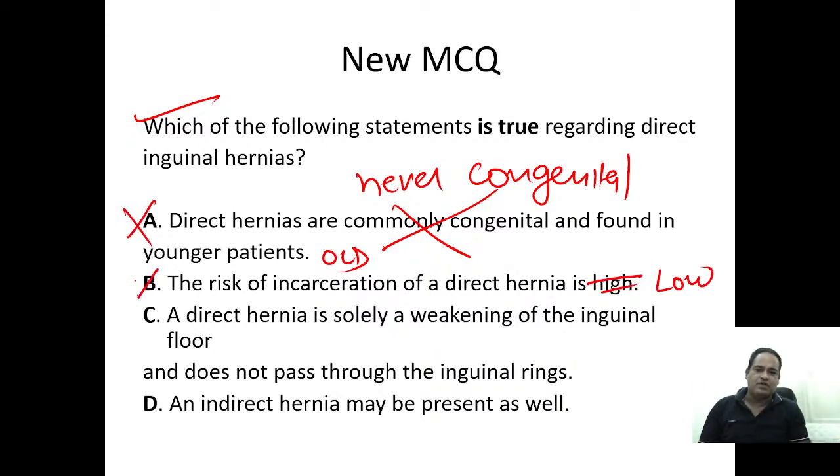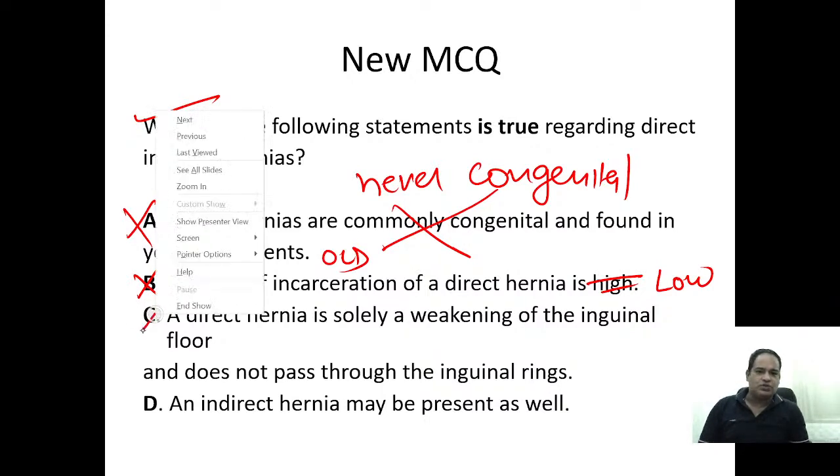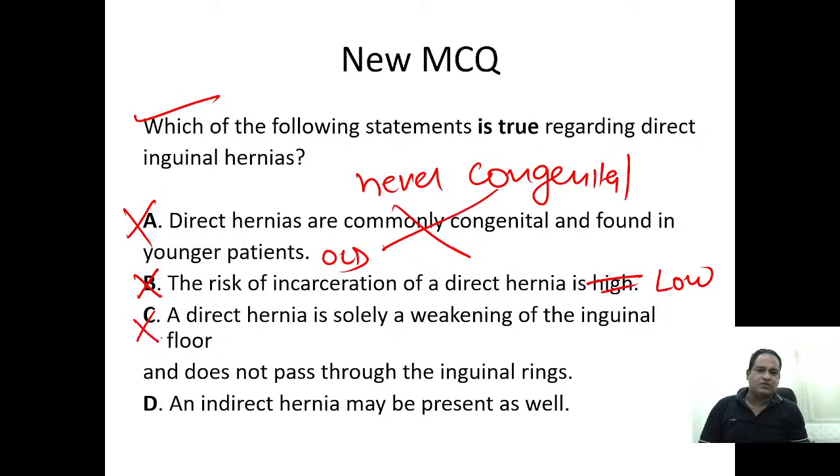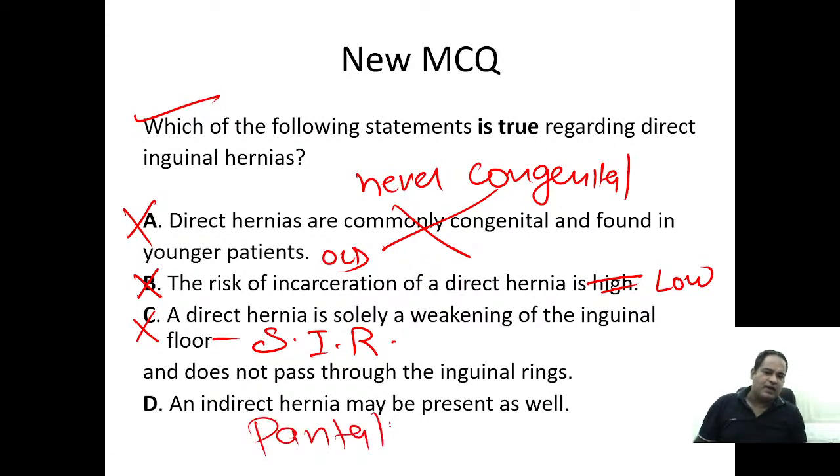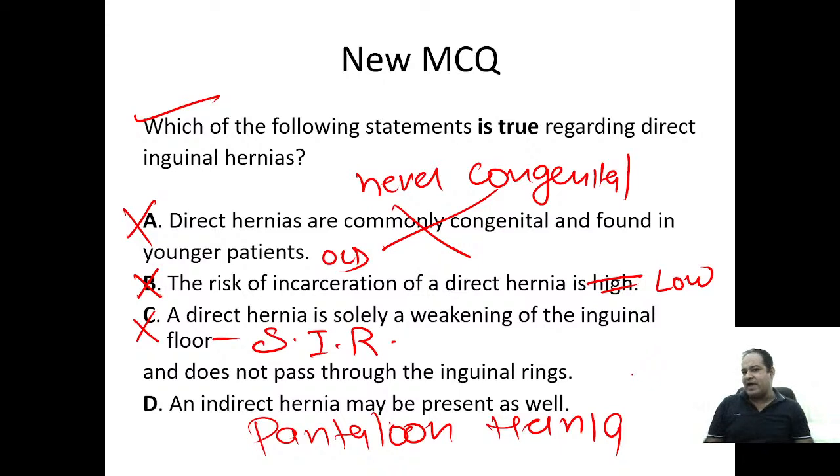This is wrong, this is also wrong, because it passes through the superficial inguinal ring. An indirect inguinal hernia, for example, pantaloon hernia. Pantaloon hernia has both direct as well as indirect.